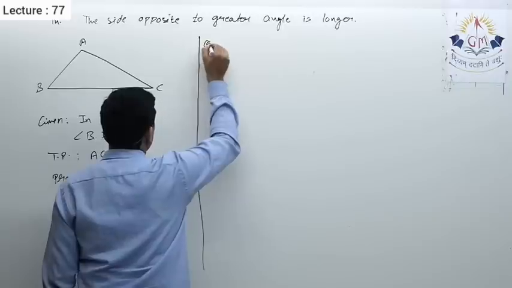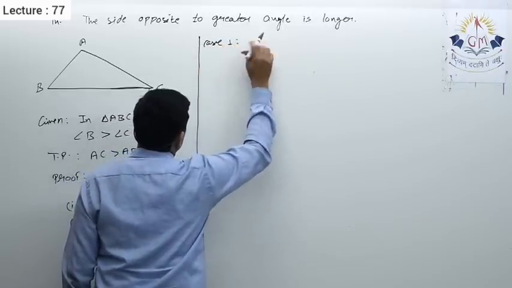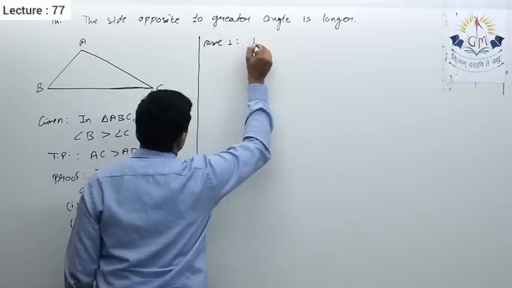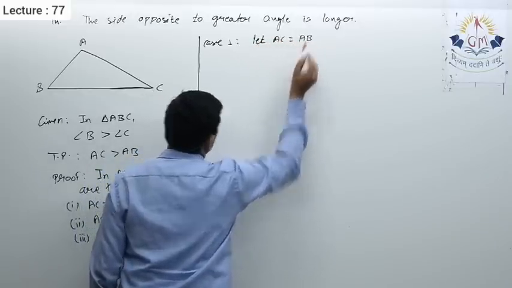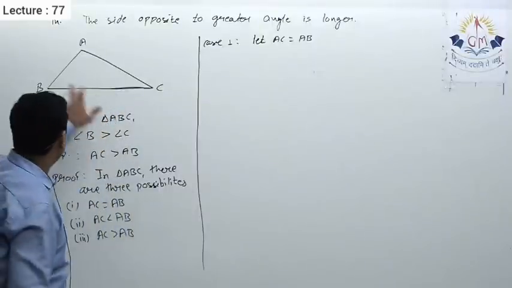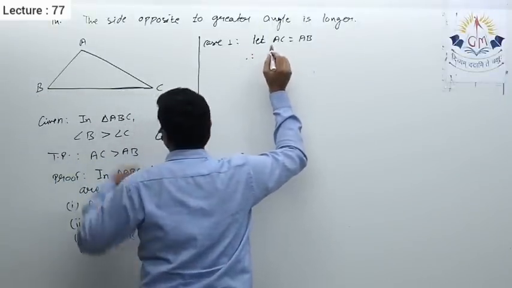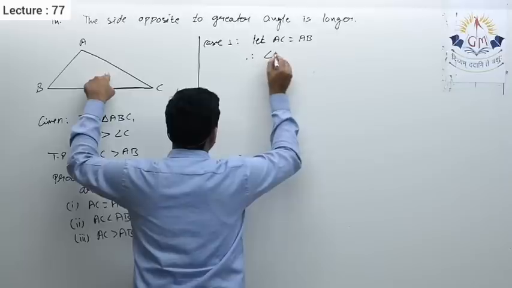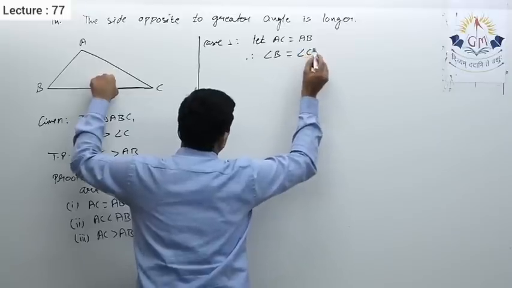Case 1: let AC be equal to AB. I'm assuming that AC and AB are equal. Therefore I can write that the angle opposite to AC, that is angle B, is equal to the angle opposite to AB, that is angle C. Why?